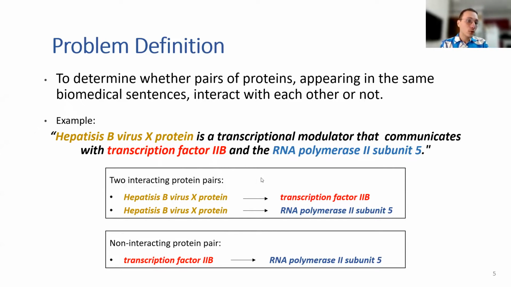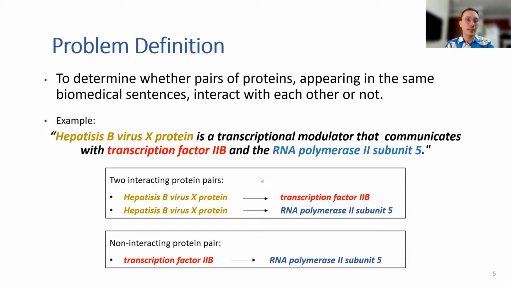And also we have another protein pair, which are transcriptional factor IIB and RNA polymerase 2 subunit 5. But these two proteins are not interacting with each other. So our goal here is to detect both cases.